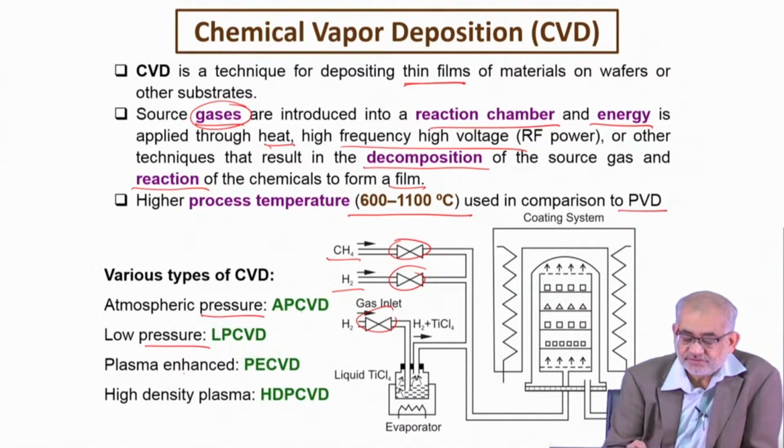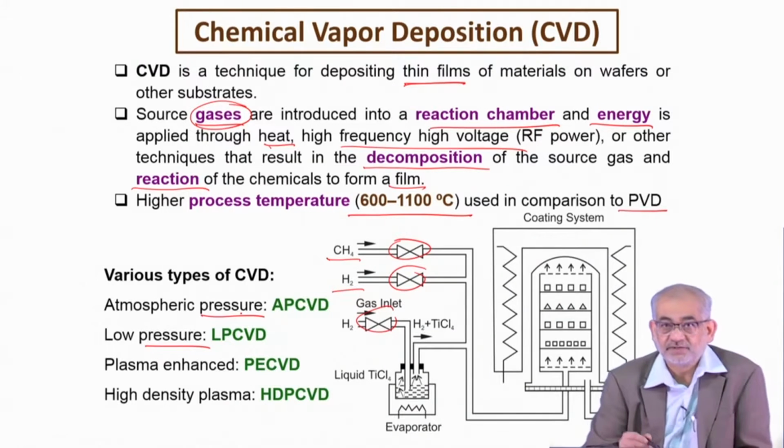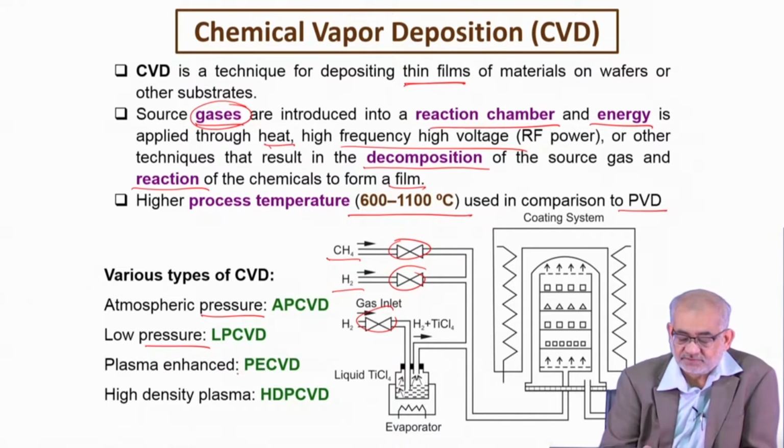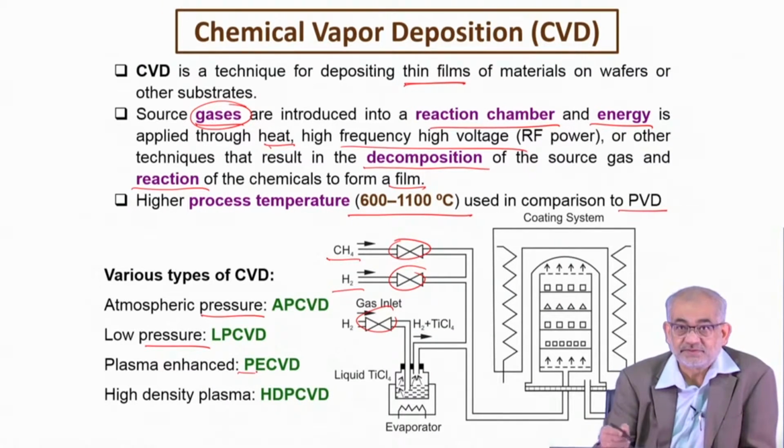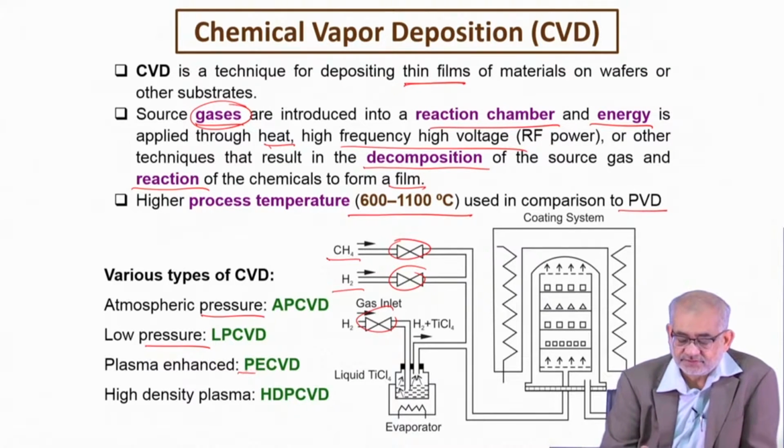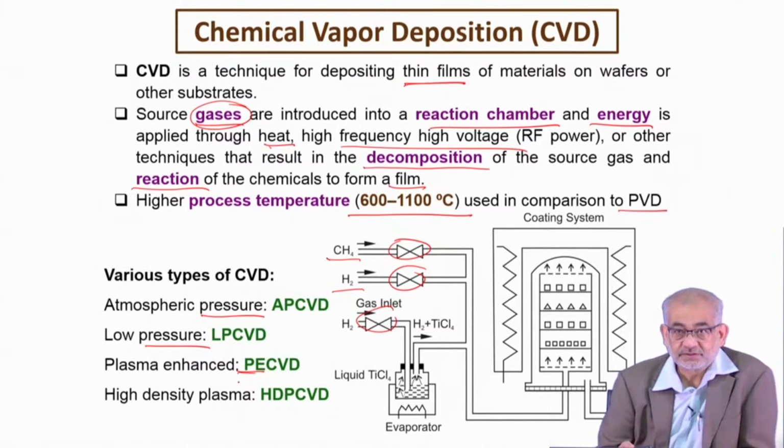Pressure wise, we can have an atmospheric plasma, we can have low pressure, just a few millibars, or we can have plasma enhanced. We can create a plasma by applying an electrical potential difference, and so we can take the help of the plasma to enhance the growth and the adherence of the CVD film.